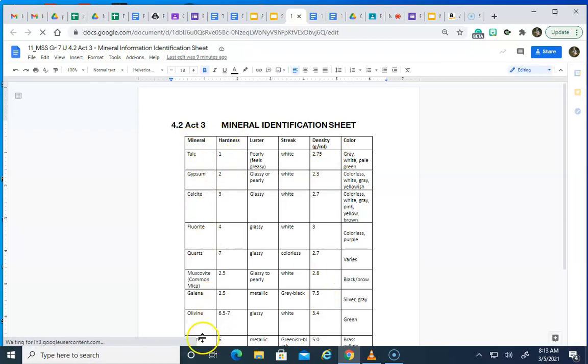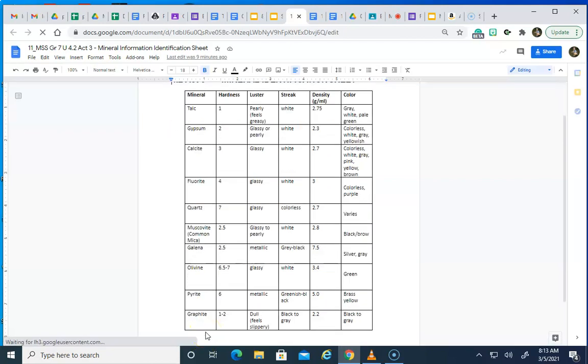These are the only samples that I will have you look at. So these are the only things that you're matching up. If you're determining that your rock sample is something other than what you see here, then you have not identified it correctly. So we're simply looking at these samples right here.